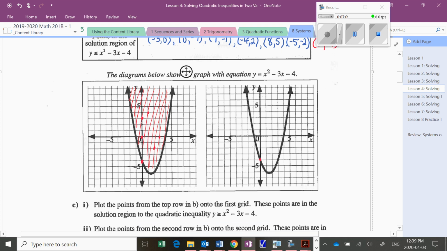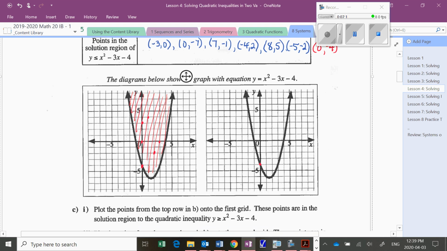Okay, so similar if we plot the other points, so negative 3, 0, 0, negative 7, 7, negative 1, and negative 4, and 2, and 8, and 5, negative 5, negative 2, and again that 0, negative 4.